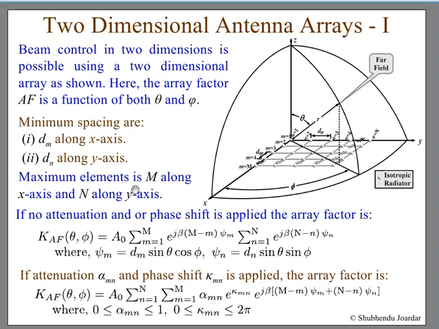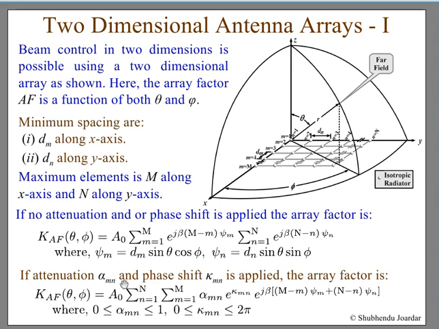Now the maximum number of elements is m along the x-axis and n along the y-axis. If no attenuation or phase shift is applied, the array factor is simply the sum in 2 dimensions, with m from 1 to M and n from 1 to N, where you have described these constants as sin theta cos phi, the direction cosine component, and the other as sin theta sin phi, again a direction cosine component.